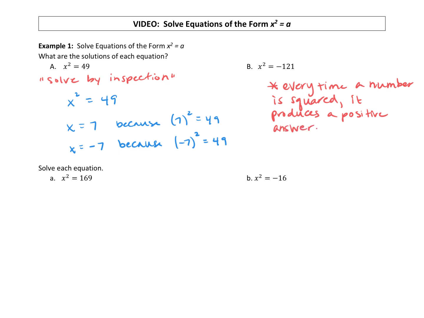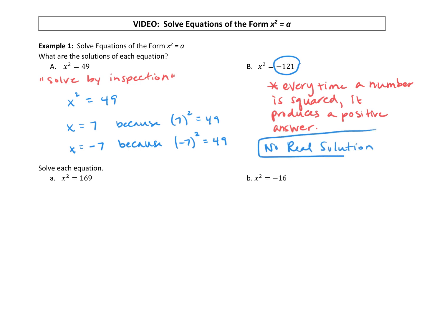So what this equation is saying is that we're squaring some number x and we're getting a negative answer out of that. And that just doesn't happen with our real number system, which is the only numbers you guys know about. So anytime you have a number squared equal to a negative number, there is no value of x that would make this true in the real numbers. So what we say is that there is no real solution.